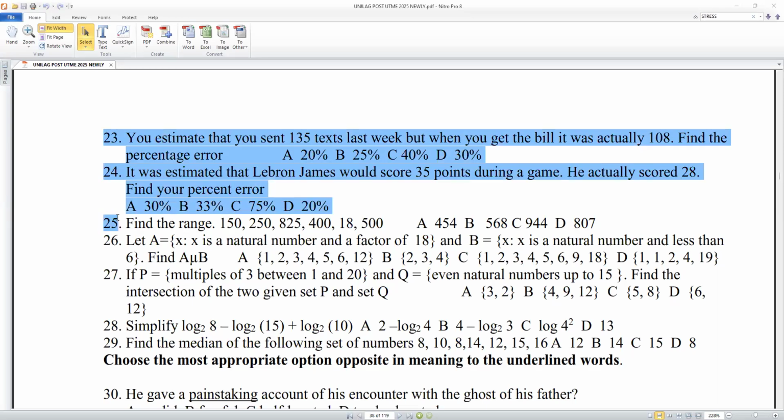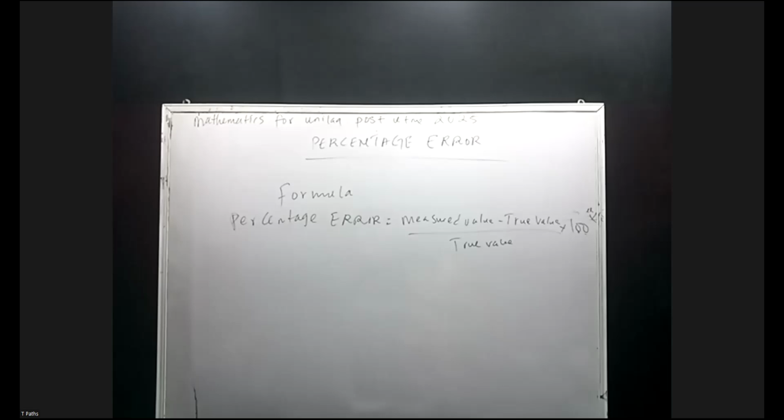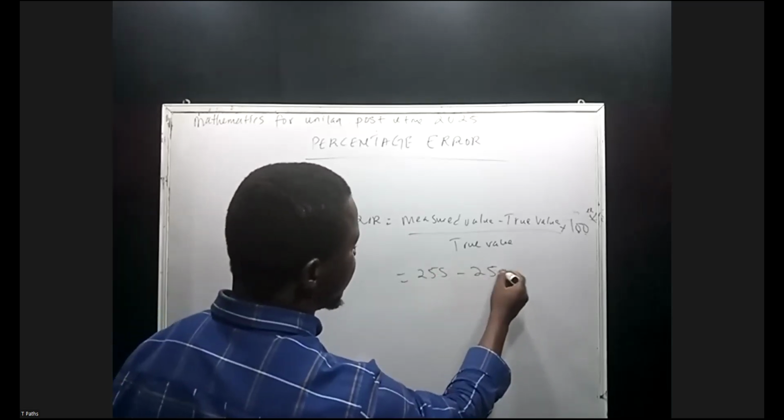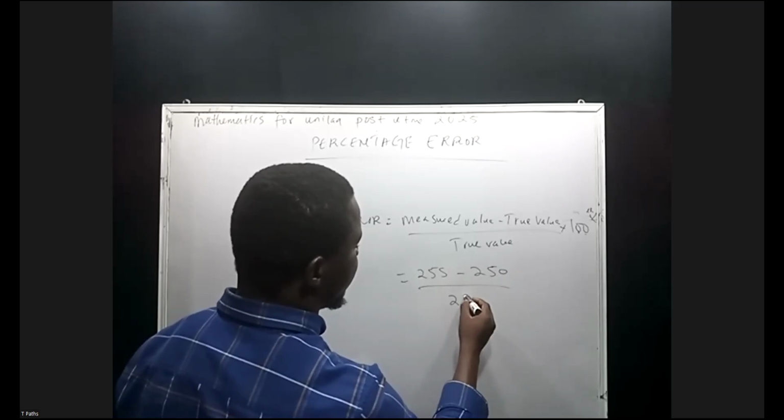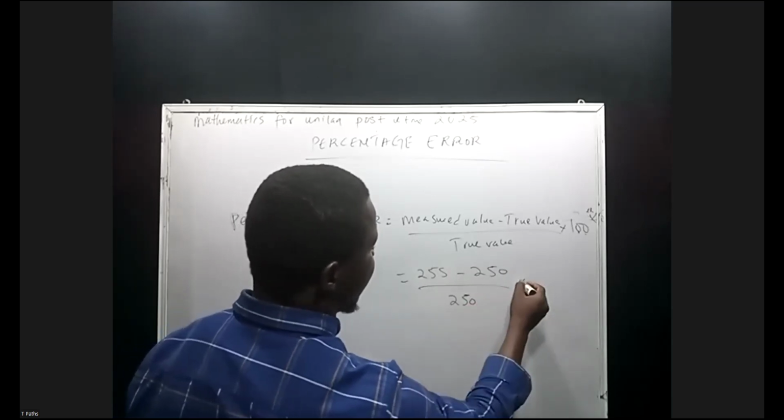Sir, please, I don't understand though. Which one? 2%? Is it the last question? You said the answer is 2%. How is it 2%? It's 255 minus 250 over 250 times 100.